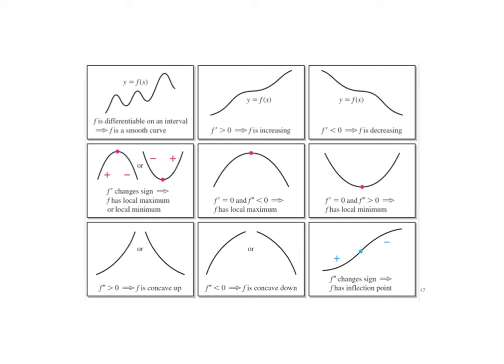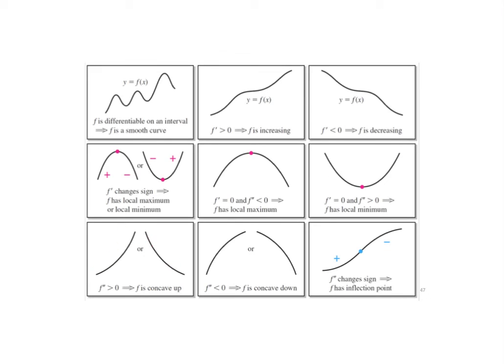Second derivative test says that if f prime is 0 and the second derivative is negative, notice this is concave down, then f has a local maximum. If f prime is 0, in other words, horizontal tangent line again, and we're concave up, that's a local minimum. Concave up is second derivative positive.